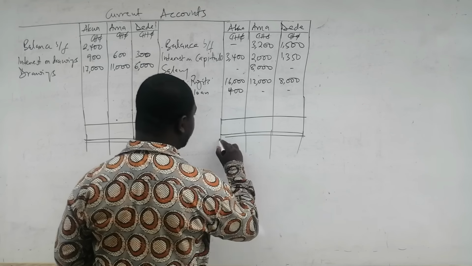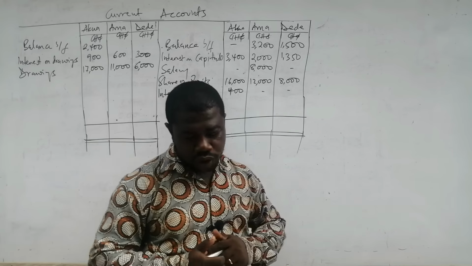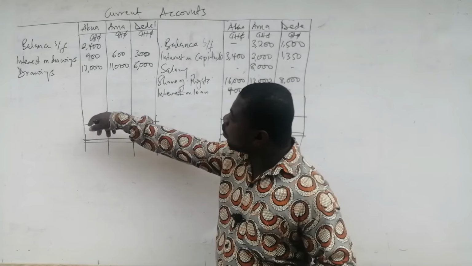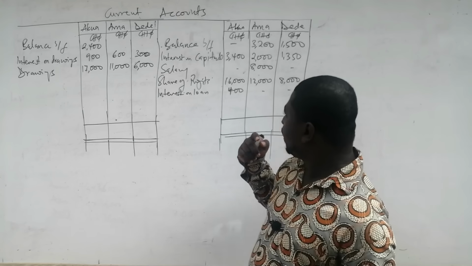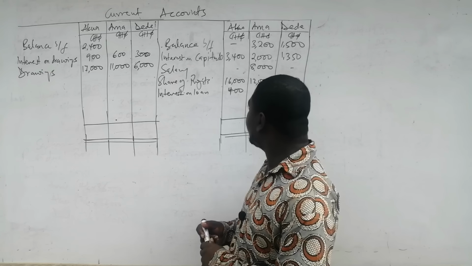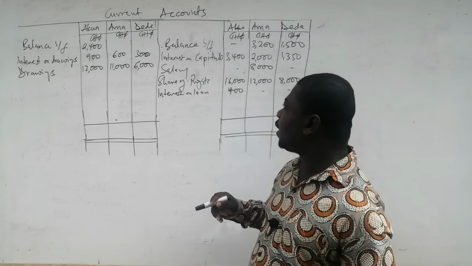And so you rule off and then you find the totals. You balance each of them separately. Now for Equia, the debit side of her account looks more than the credit side still, because when you add up the debit side, you have 20,300. But when you add up the credit side, you have 19,800.